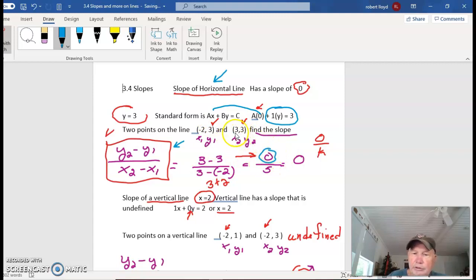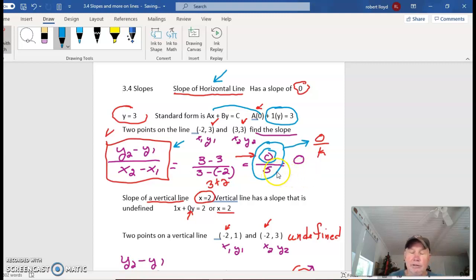And x2 is 3 minus negative 2, which would actually be 3 plus 2, we get 5. So 0 divided by 5 is 0. This is okay. You can divide 0 by a number. We're going to look at a vertical line in a minute, and we'll see why that slope is undefined.